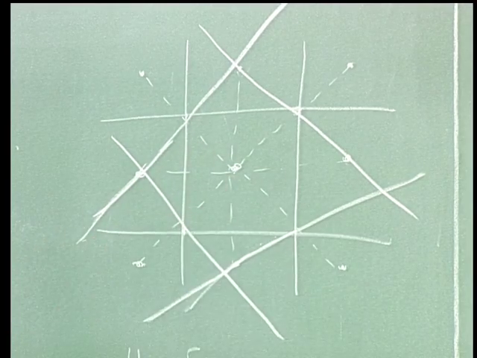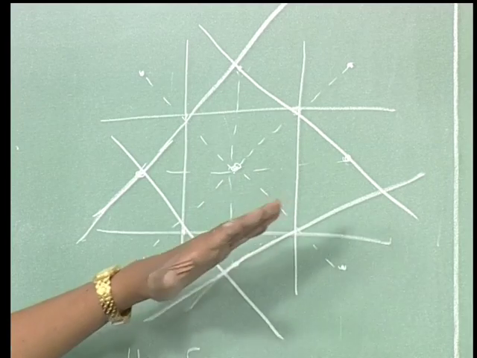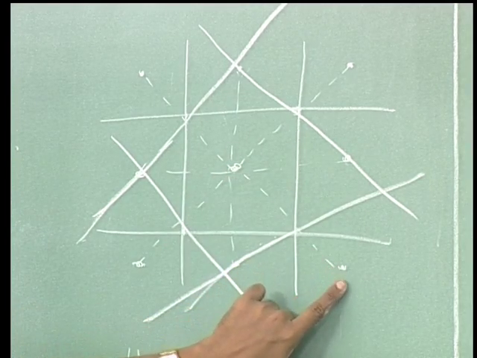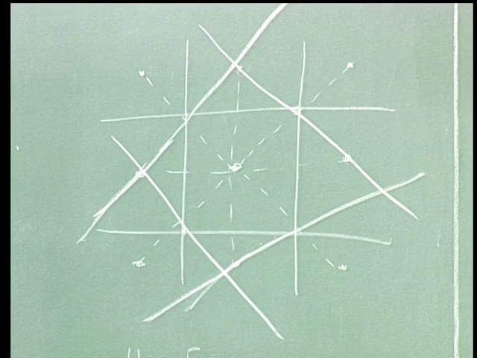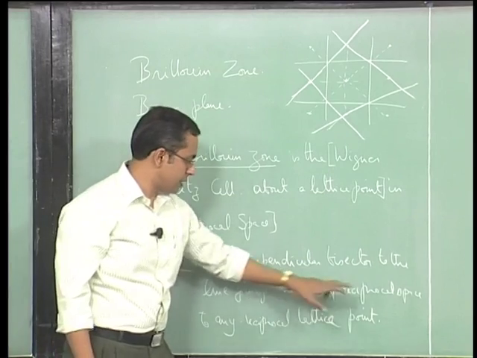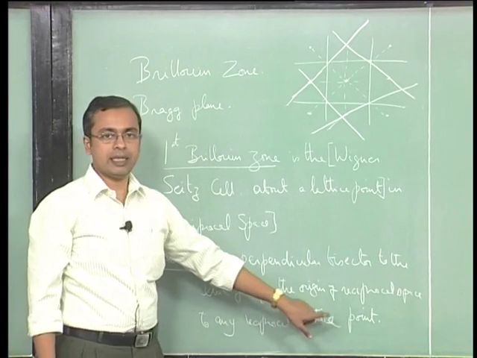Now we have said that if you do this in reciprocal space, this line, which is the perpendicular bisector of the line joining the origin to this lattice point, is called a Bragg plane. That is all it is, the perpendicular bisector to the line joining the origin of reciprocal space to any reciprocal lattice point.